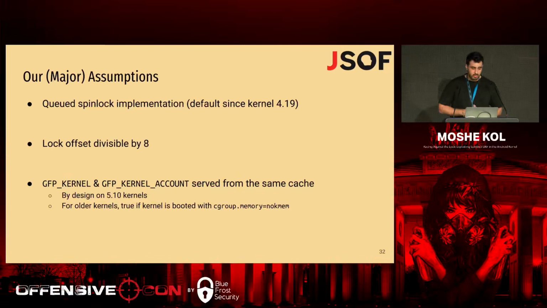We further assume that the lock offset is divisible by 8, and you'll see where this assumption comes from. And we also assume that GFP_KERNEL and GFP_KERNEL_ACCOUNT allocations are served from the same cache. So this was the case on all the Android devices I checked. I don't know if it's a wide Android thing, but it was true on the devices I checked, so I assumed it.